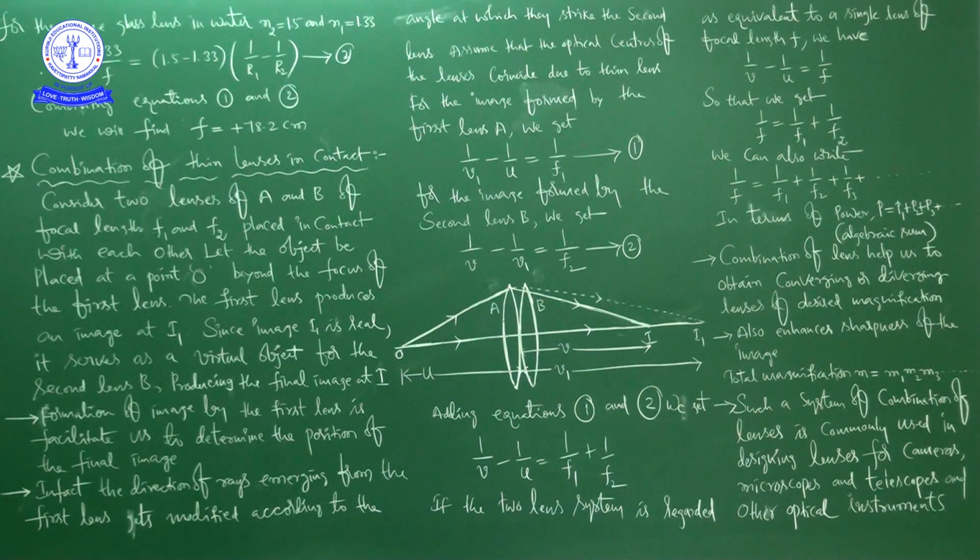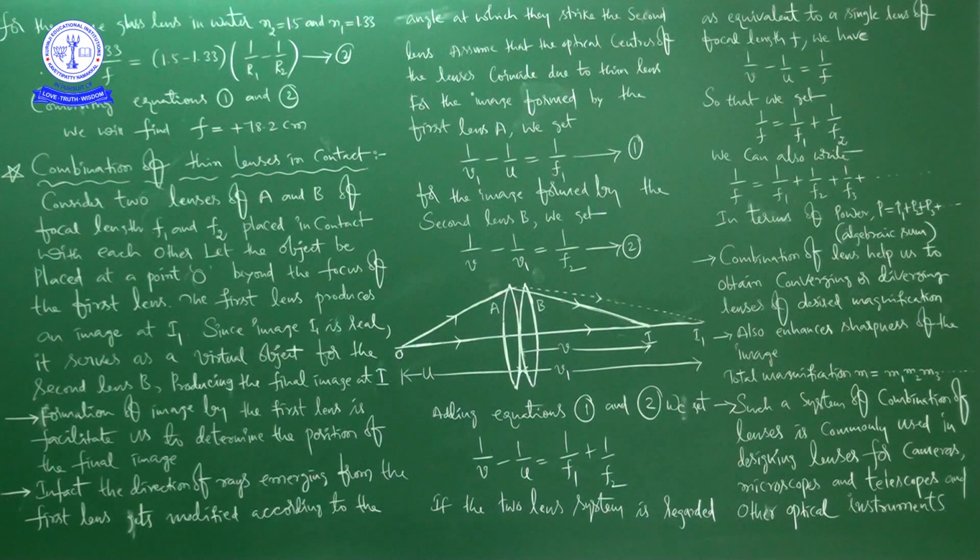Suppose if there is only one lens, our discussion will deviate, right? Because of having two lenses, the final image is formed at I. The first image is formed at I1 because of the first lens, that is A. For the second lens B, this image I1 acts as a virtual object, right?